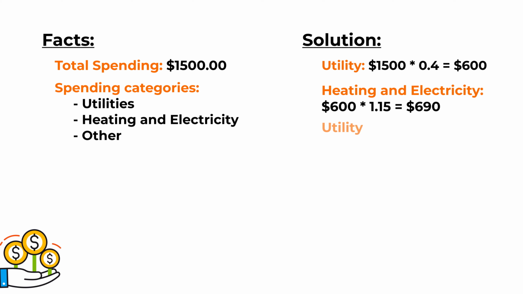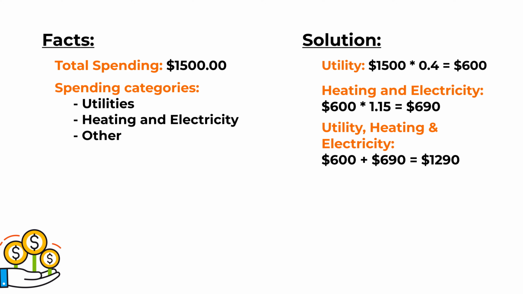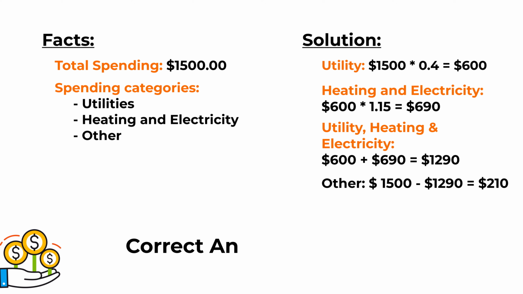To calculate utility, heating, and electricity spending together, we need to add 600 and $690. And the end result of this calculation will be $1,290. So the other spending category would be calculated as a subtraction of $1,290 from $1,500 and would be equal to $210. So the correct answer here is choice A, $210.